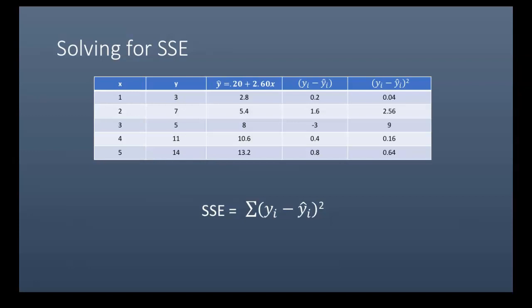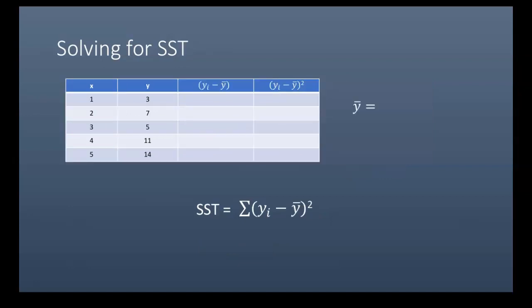So 0.2 squared is 0.04. 1.6 squared is 2.56. Now SSE is the sum of that list. So if we sum up that list, we will get 12.4. So your SSE in this problem is 12.4.